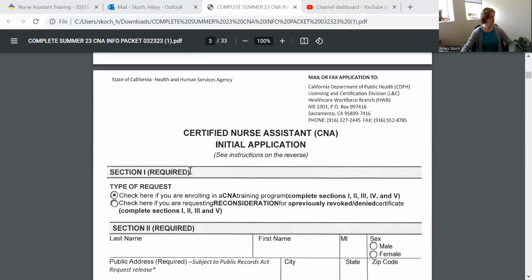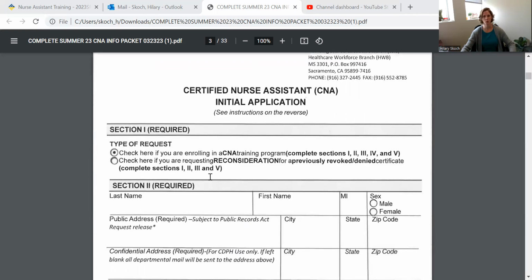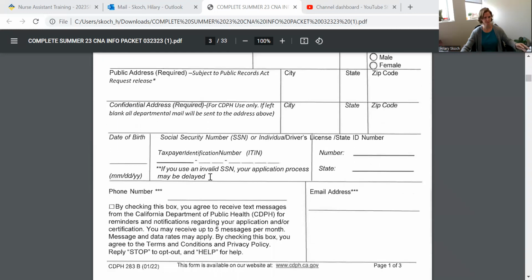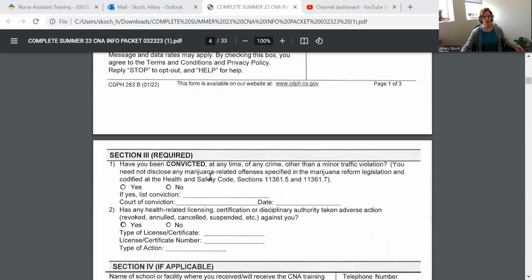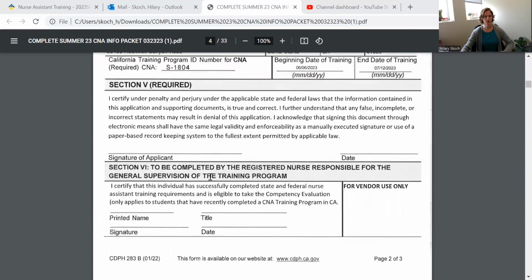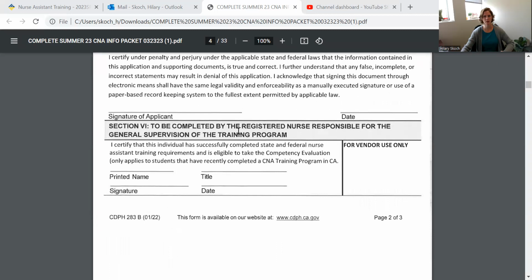The next page is your Certified Nurse Assistant initial application. This is pretty self-explanatory. Please read the directions carefully. This sheet will go back to the office. If it says to be completed by the registered nurse, that means you do not sign, print, date, nothing here.